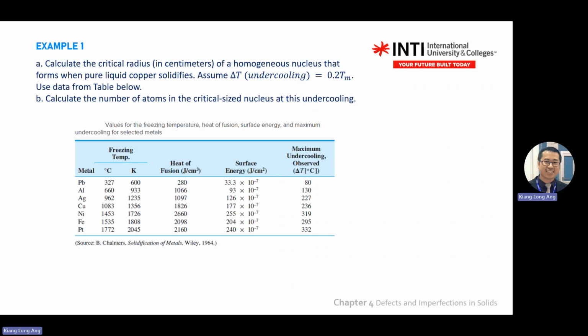Okay. Undercooling is where you form solids. You can see some nucleus. So it means you start to see nucleus already, the one that I drew on the whiteboard.